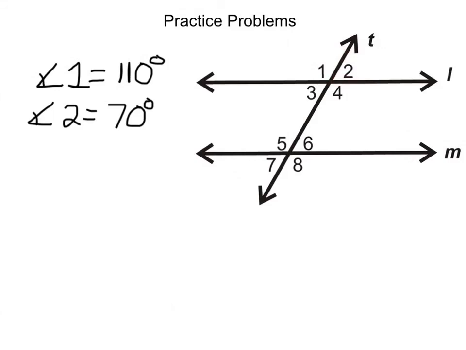And I can continue this train of thought by thinking about if angle 1 is 110, I can jump straight to angle 4. Because they're vertical angles, angle 1 and angle 4, then that means that those two angles are equal to each other. So that means that angle 4 also has to be 110 degrees.